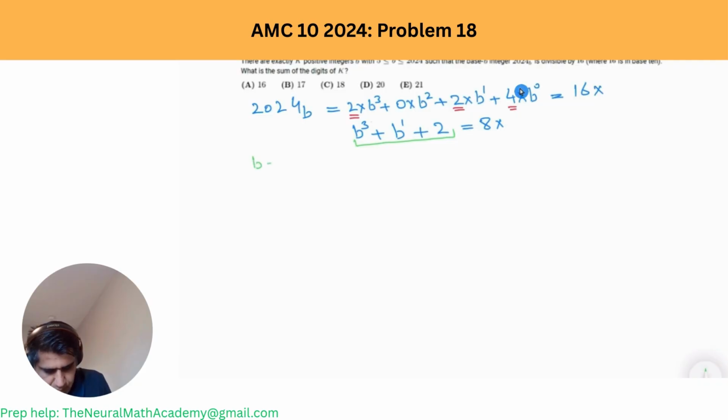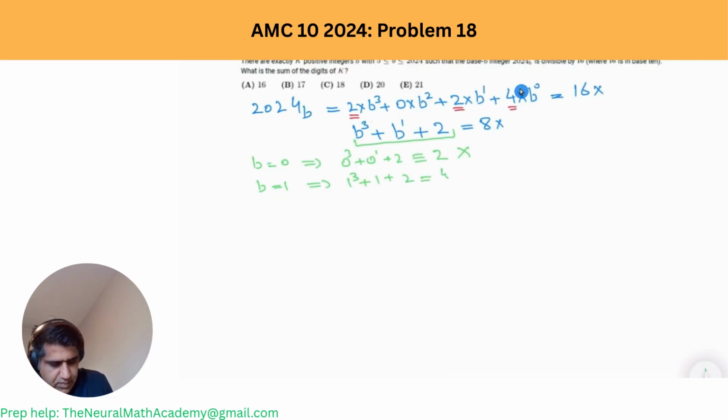So if b is 0, then if we solve, the remainder is 2. So that is not divisible by 8. Okay, so we will not count it. Next, let's check with 1. So now I get 4.